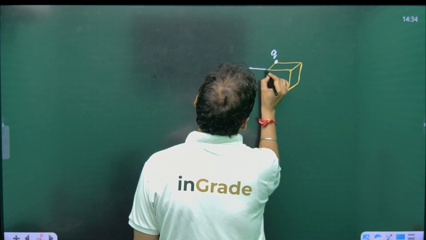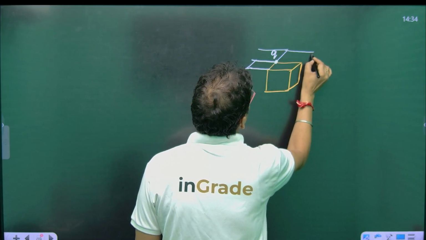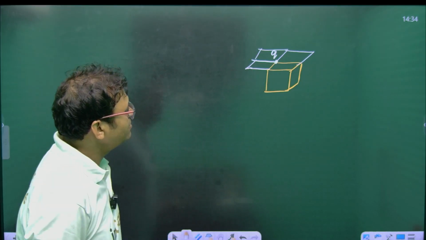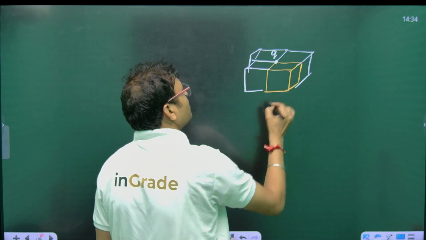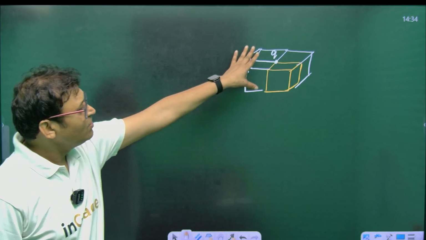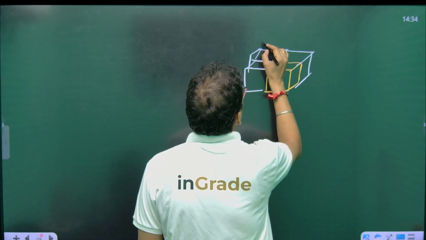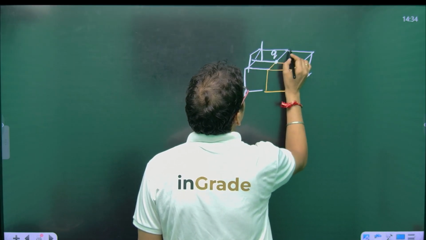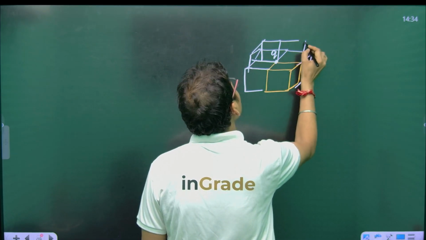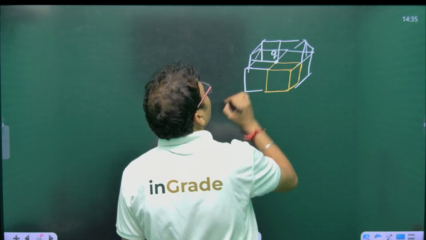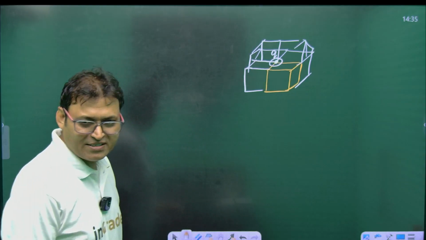To enclose this charge, we require four cubes, and along with that we require four more cubes, like this. Total 8 cubes will be required. I hope you understand this.